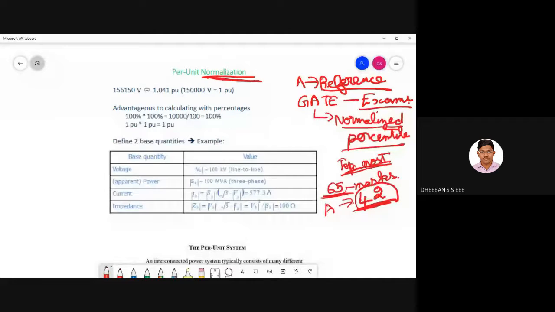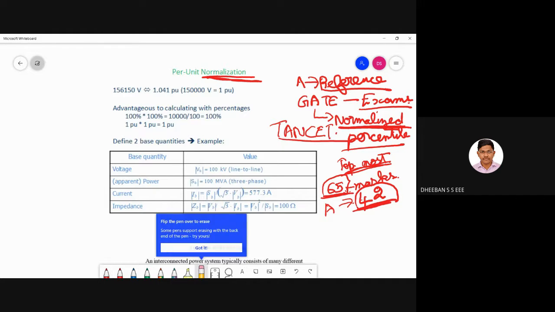We do such normalization because it makes the score easy to give. It is an easy ranking system: you can easily rank each and every student based upon the reference mark and avoid any kind of confusion. Apart from GATE exams, TANSET also follows such a strategy. I hope you have understood a little bit.